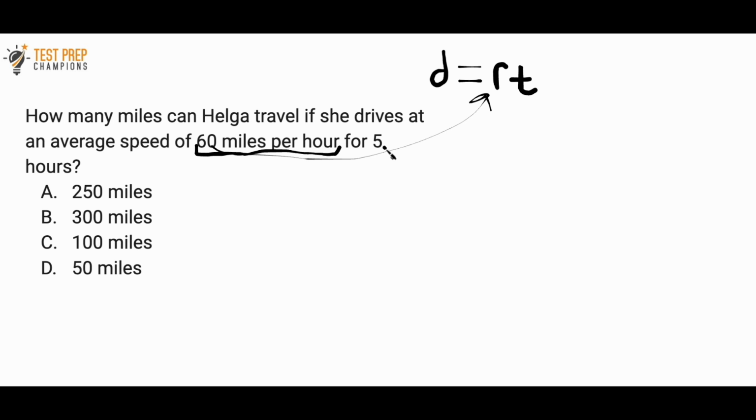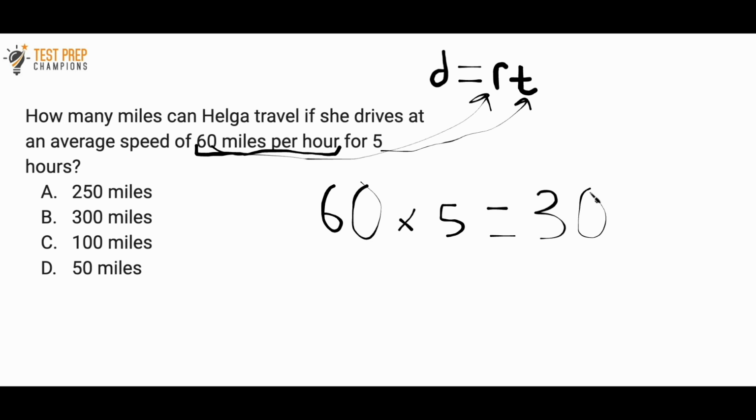So 5 hours, that's a time, so we can put 5 into the formula for T. So essentially all we're going to do here is 60 times 5. You can just plug that into your calculator if you'd like to, and that gives us 300. If you could just look at this question and tell that you had to do 60 times 5 without using the formula, that's perfectly fine.